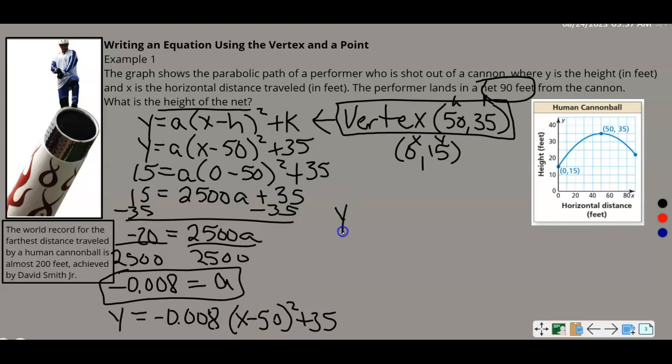So we're going to say y equals negative 0.008 times 90 minus 50 squared plus 35. 90 minus 50 is 40.